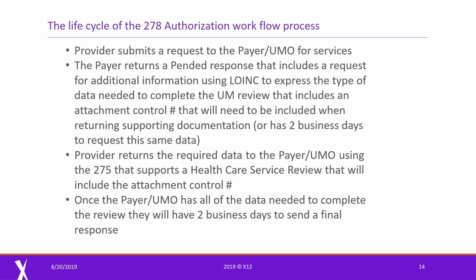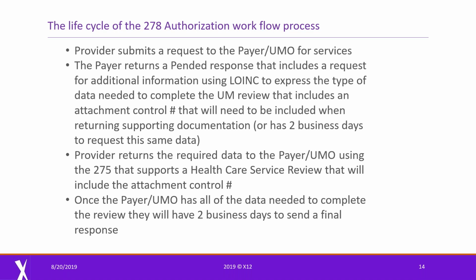And when you do that, the provider should get that information. They're going to gather up the data that's needed, or that you had requested using the LOINC values, and then they should be sending that information back to the payer in the 275 that supports the healthcare service review. And within that 275, it's also going to include that attachment control number that you sent in the pending response.